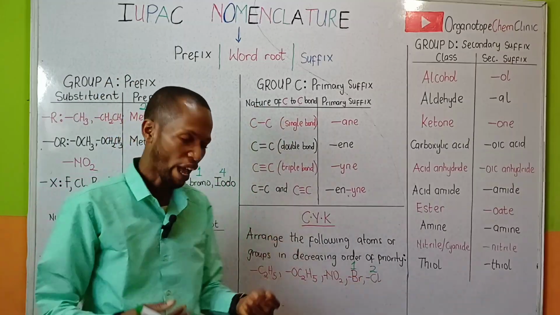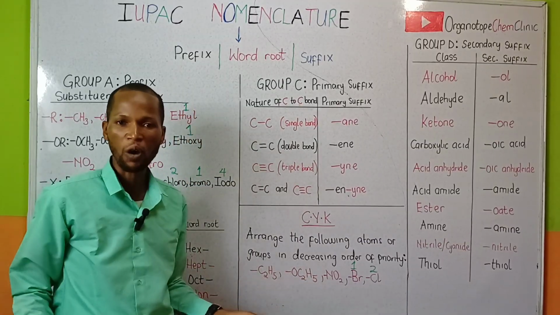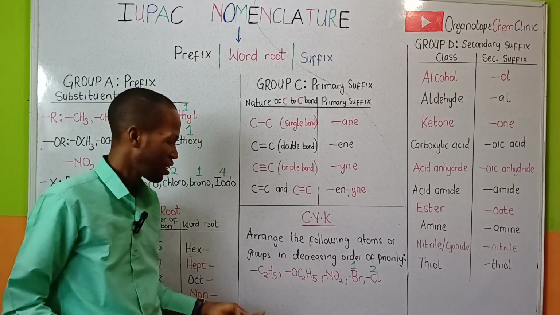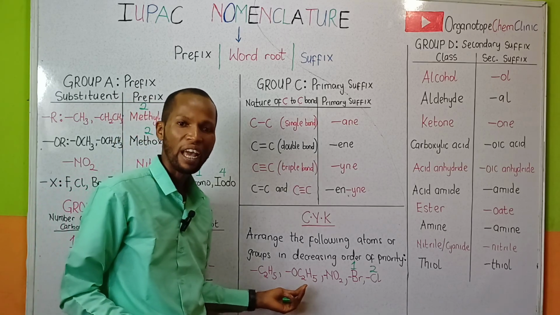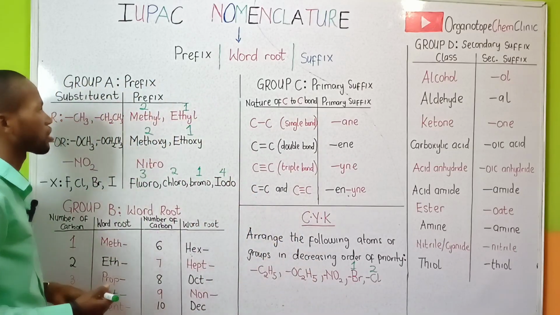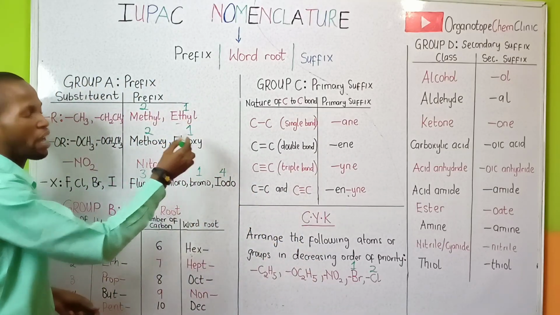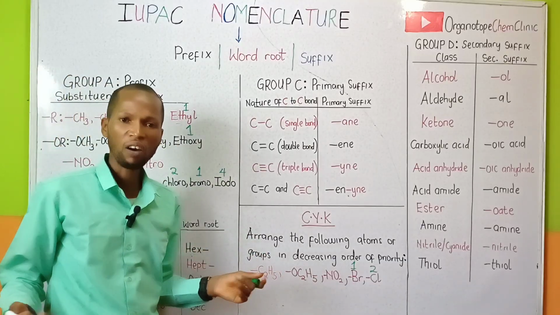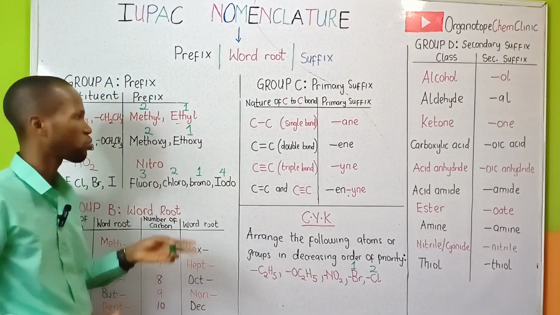Now, I would like you to look at this closely. These two groups are kind of complicated in the sense that this is the ethyl group, and also we have the ethoxy group right here. Now let's check this on the table. We have the ethyl group and we have the ethoxy group. In alphabetical order of arrangement, both groups start with the same alphabet, which is what?